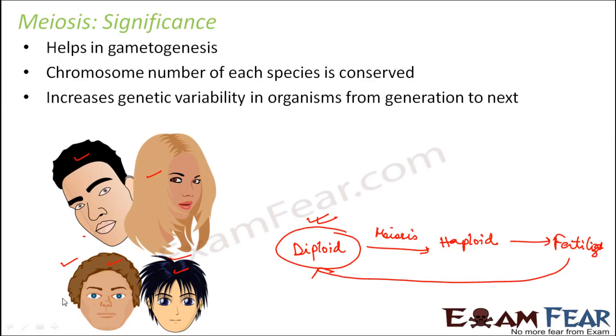So that means from one bacteria, over a period of time, some variations which existed in nature gradually gave rise to some other new organism. So genetic variation is something which is desirable, and meiosis increases genetic variability. These are some of the points which make meiosis very important or significant.